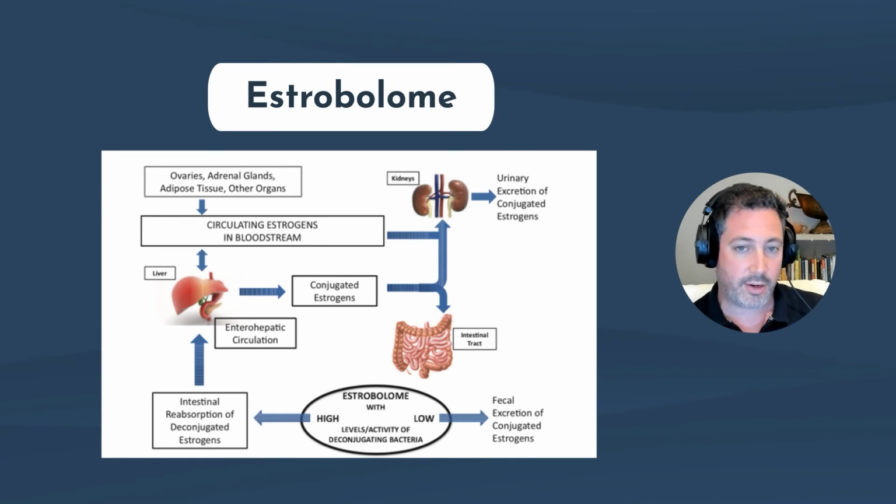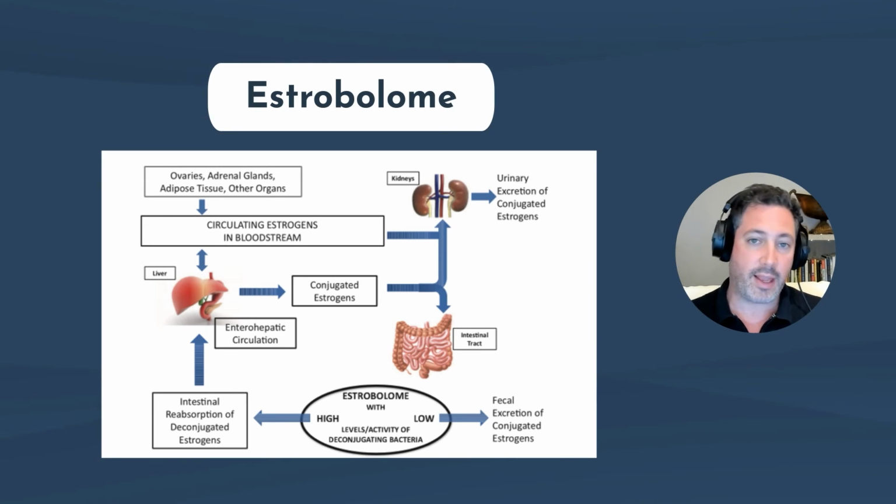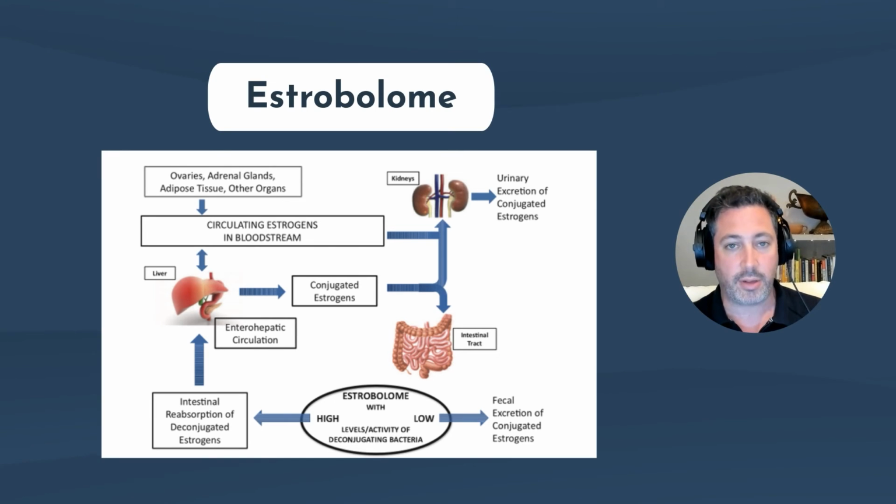We know there's a group of microbes that we denominated the estrobolome, and the estrobolome is related to the deconjugation of estrogen that then will be recycled and brought back to circulation, therefore increasing estrogen levels and, of course, potentially driving estrogen dominance. So it looks like a really bad thing for us, especially for hormonal health in both men and women.